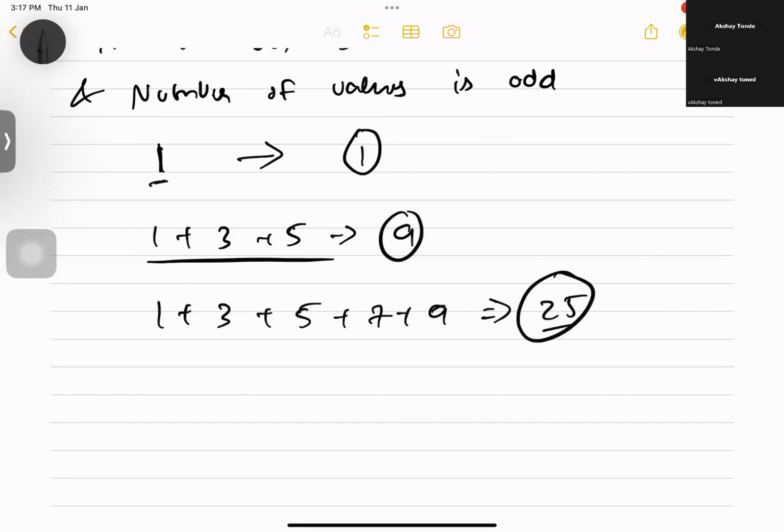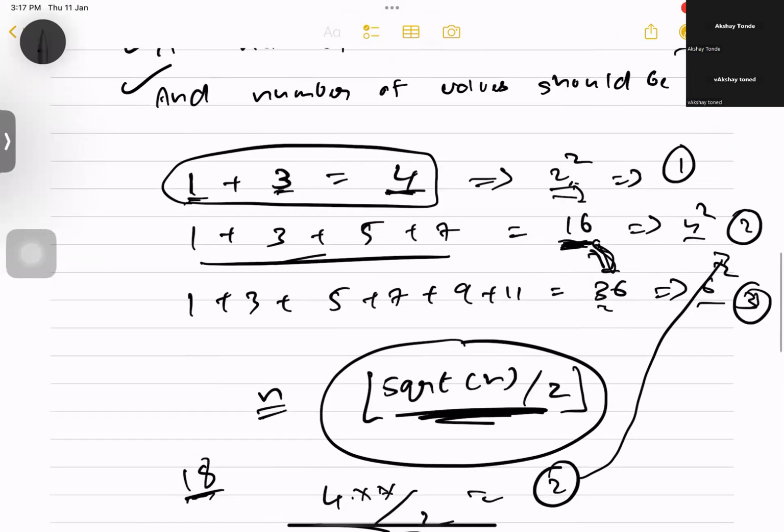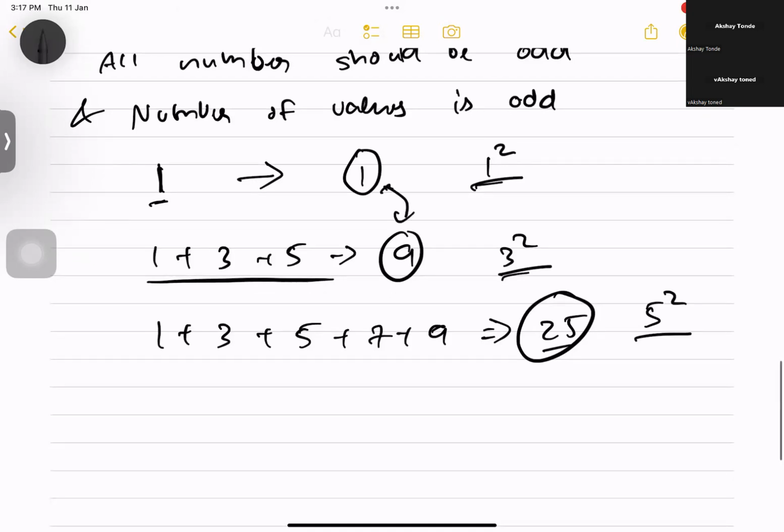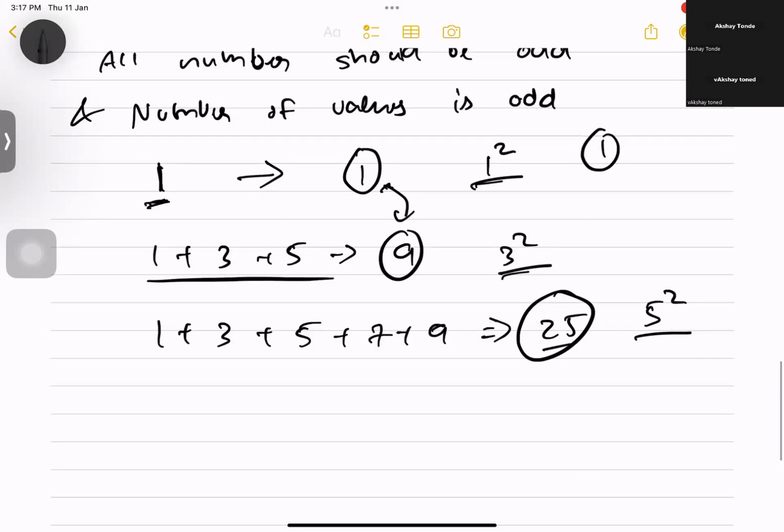Now if you observe, there is a similar pattern here. This is basically 1 square, 3 square, and 5 square. In the even case, we had all the even powers here: 2 square, 4 square, 6 square. Here we have all the odd powers: 1 square, 3 square, 5 square, right? So from this, we can tell that all the numbers that will lie from 1 to 9 will have only one size, which is 1.